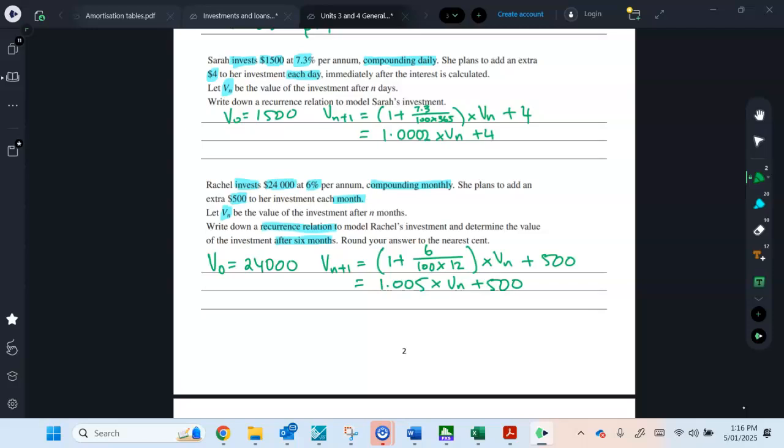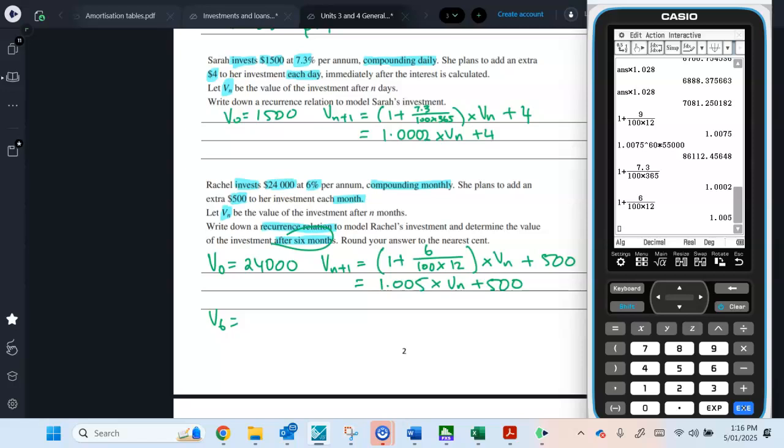All right, and we want to find the value after 6 months. So we want V6. So what we can do on the calculator, we've done quite a few of these before. You can keep pressing enter on your calculator, or you can put it in your sequence screen, or, and I don't think I've actually done this on the calculator yet, you can use Finance Solver.